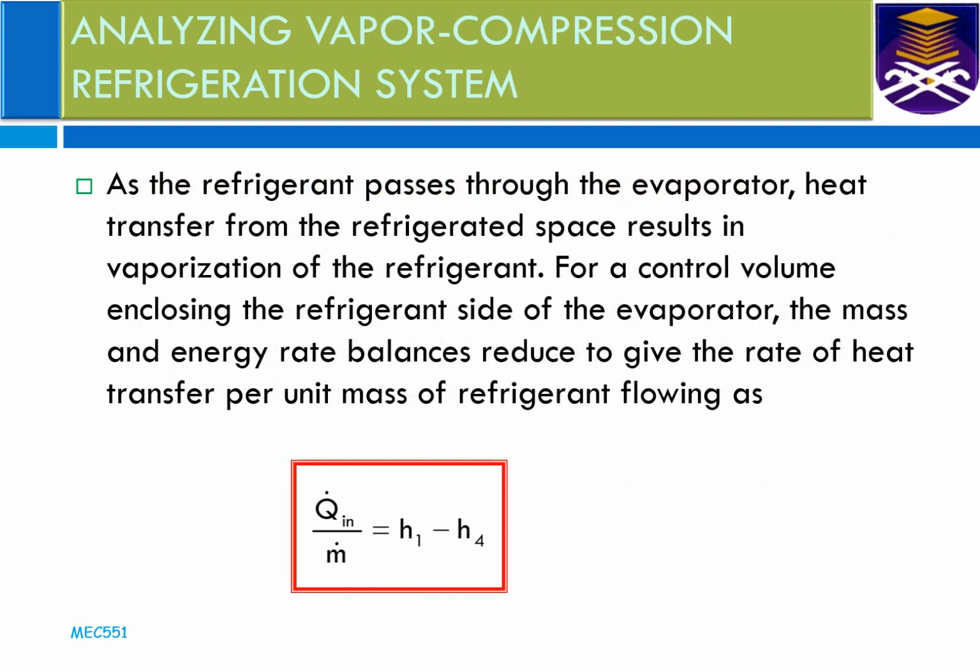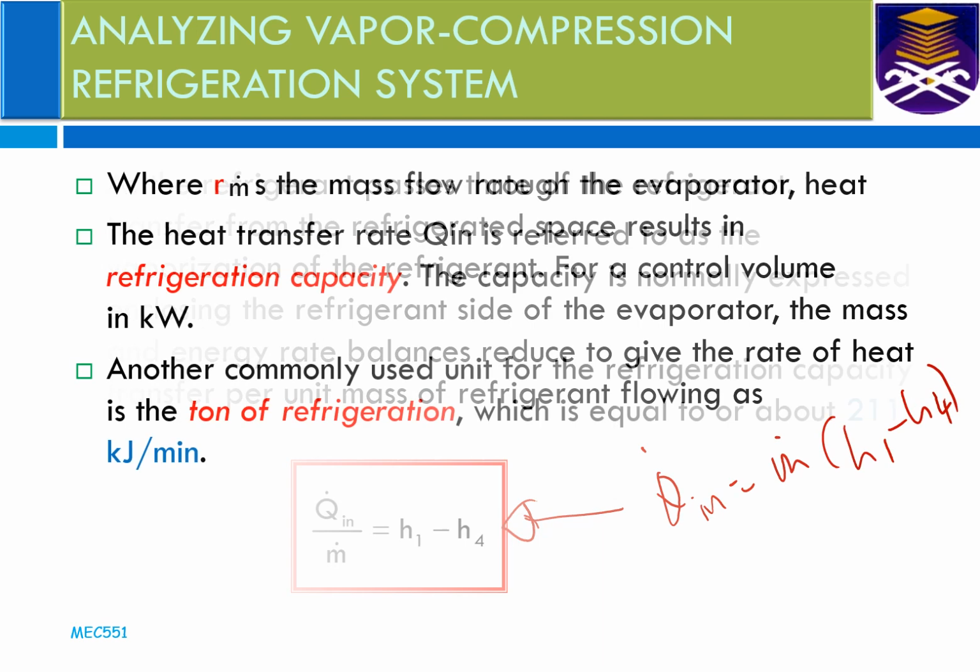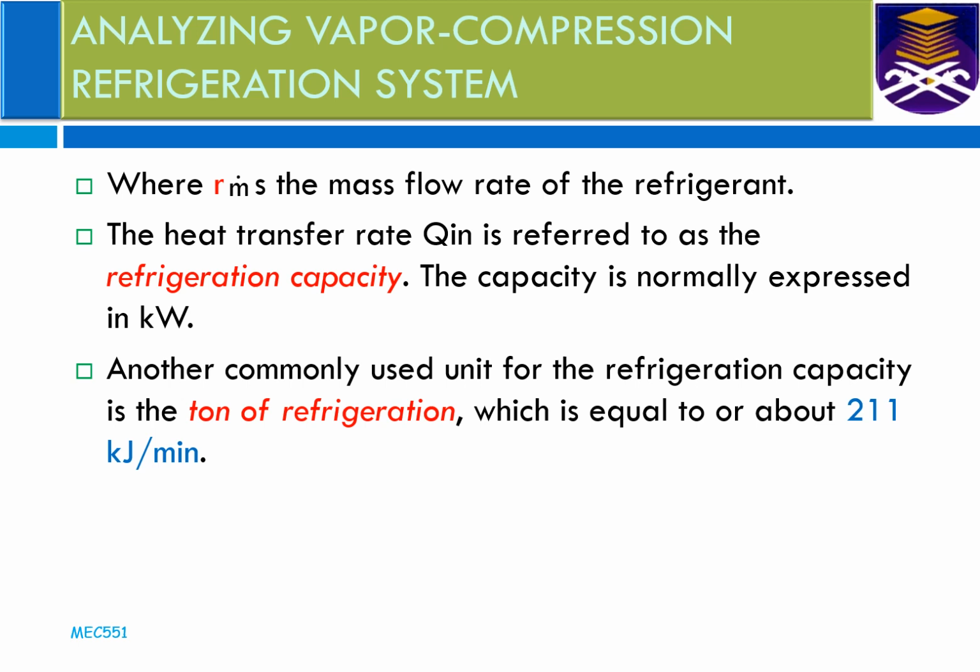In order to analyze the vapor compression, the rate of Q in is given by this equation, which I already mentioned in the previous slide. Okay, this is per unit mass, but Q dot in is also equal to m dot (h1 minus h4), where m dot is the mass flow rate.